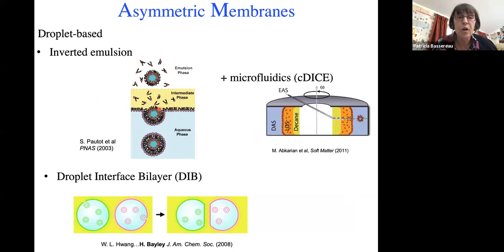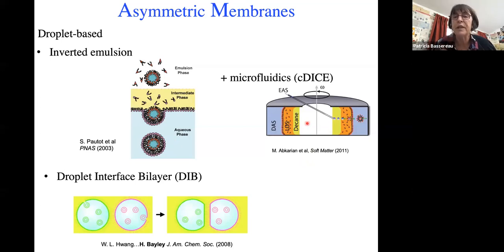And by forcing these droplets through the monolayer, you end up with a composite membrane with two different leaflets.